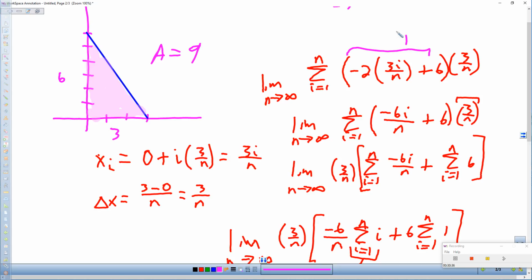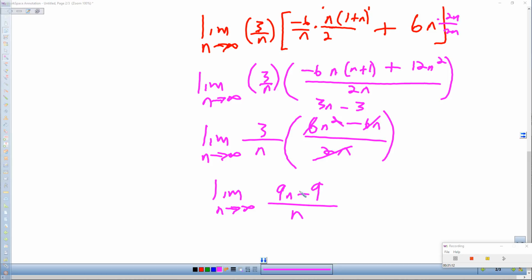Then plug in the next one, I'd have plus something else times 3 over n, plus something else times 3 over n, right? So might as well factor 3 over n out before we do all the additions. If I had, say, 4x squared plus 5x, I can factor it out before doing the addition. So I could write this as x times 4x plus 5, and I could do this addition and then multiply by x. That's the general idea of what's going on.